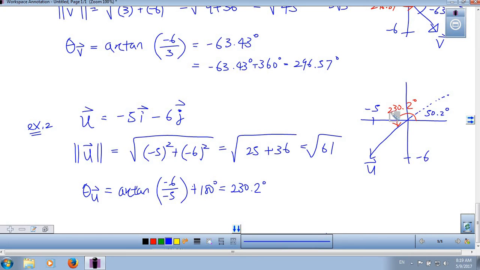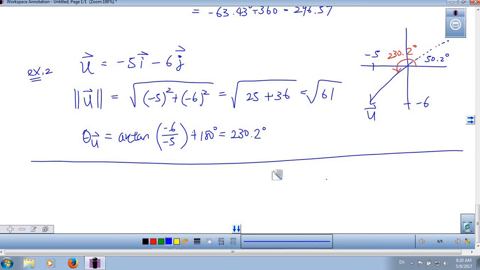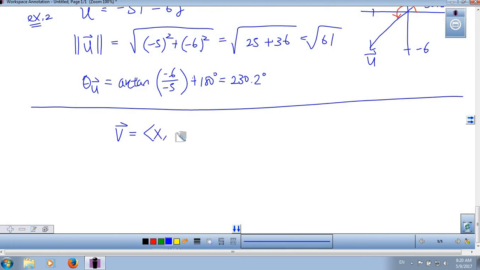So if your angle is in quadrant 2 or quadrant 3, you have to remember to add 180 degrees to your angle. Let me go ahead and summarize a little bit more. If vector v is equal to x, y, or equal to x i vector plus y j vector, the magnitude of the vector is always the same.